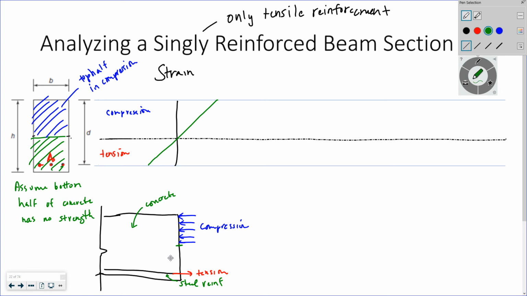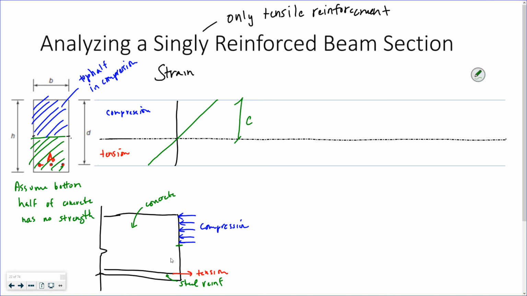First, I've got the depth from the extreme compression fiber to the centroid, which is c, the centroid of the section. Since this is a rectangle, it would just be h over 2.